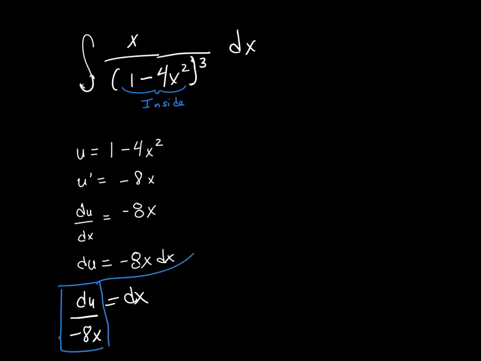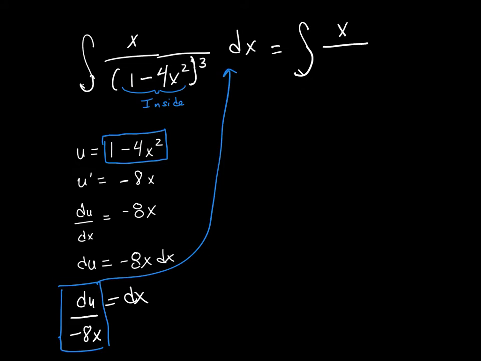I take that and I plug it back up inside there, and I replace 1 minus 4x squared with u. So now I'm left with the integral of x over u to the third, and I'm replacing dx with du over negative 8x.